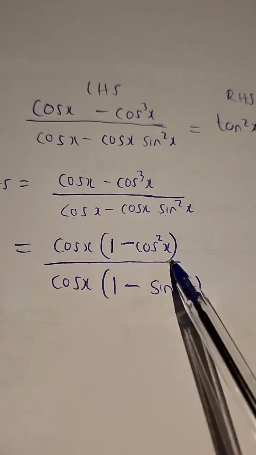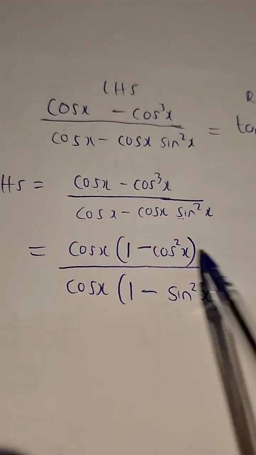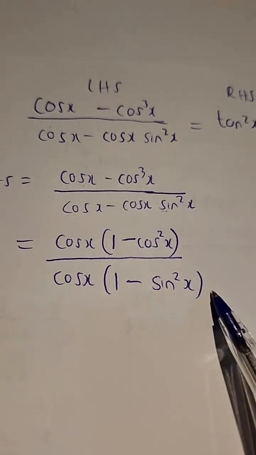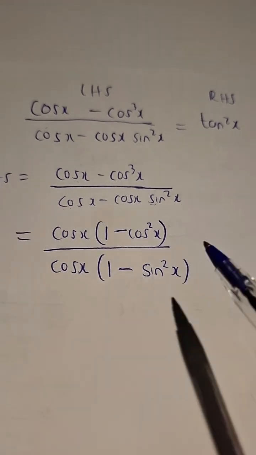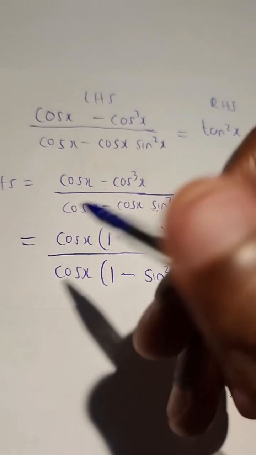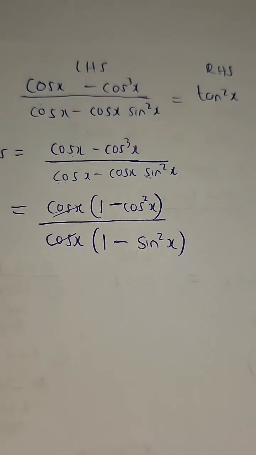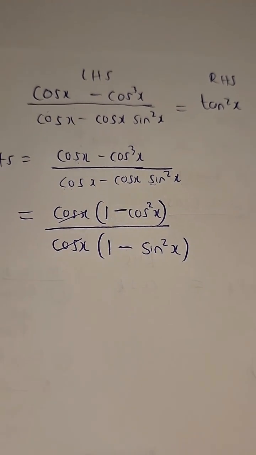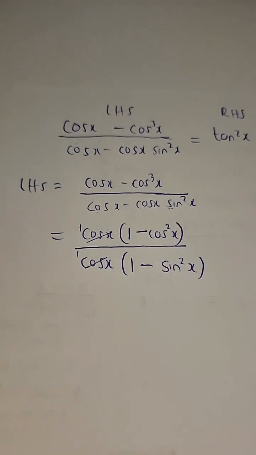The relationship between cos x and this bracket is one of multiplication, in both the numerator and the denominator. So cancellation can happen between the products. Cos x divided by cos x leaves you with 1. That's what we mean by the cancellation.